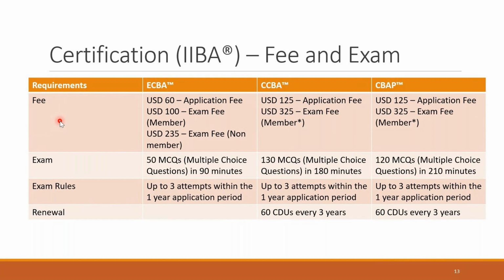When you are writing the exam for ECBA, it's 50 questions, and all of those are multiple choice questions. You need to finish that in 90 minutes. When it is CCBA, the number of questions increases to 130 and you are given 180 minutes, that is close to 3 hours, for completing your exam.